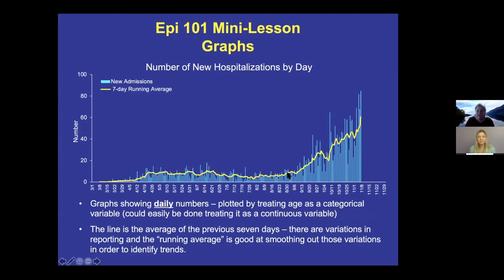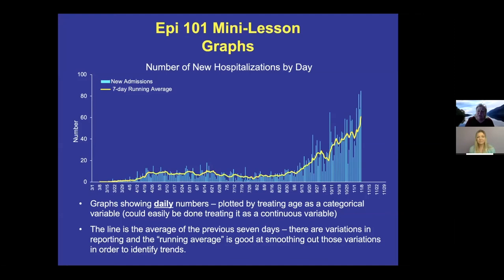We could have easily just plotted this with day as a continuous variable, but I chose to plot it this way because I wanted to add what we call the 7-day running average. And the reason we do that is because you see there's these little variations in the blue lines. And that's because reporting on weekends is usually decreased.